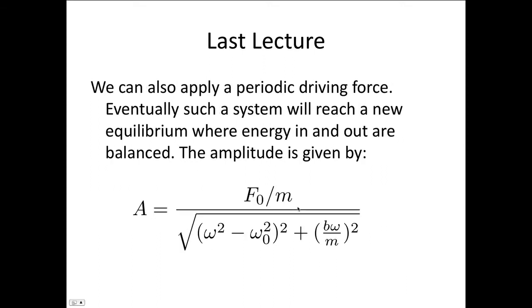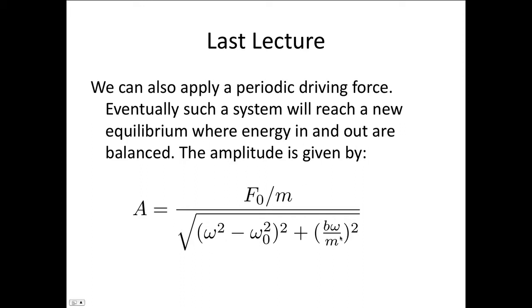We also said that we could drive a system. If we apply a periodic force, then we can cause a system to undergo resonance. So we said last lecture that the amplitude is related to the driving force and the natural frequency through this formula.